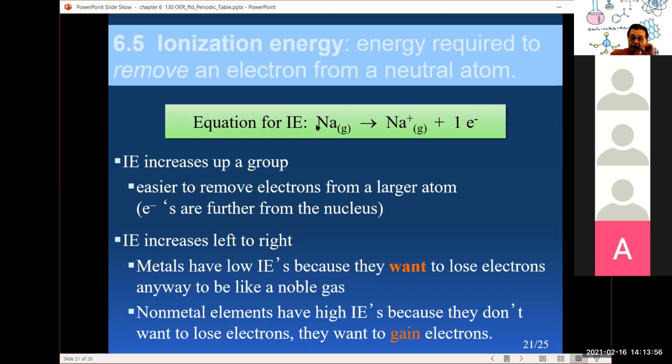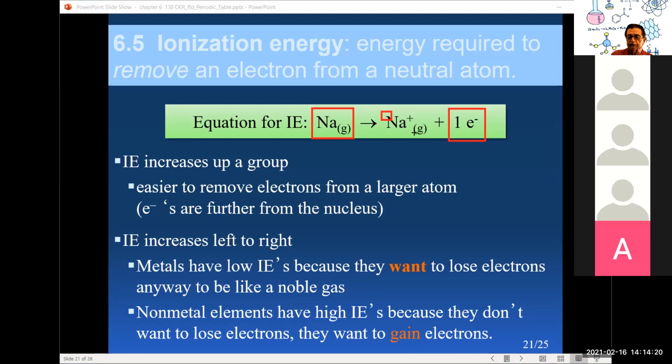So that ionization, here's a reaction that is occurring for the process. Let me highlight this. And so we're taking the neutral element and we hit it with energy. And the point of that is to remove an electron, which is right here on the right of the chemical reaction.